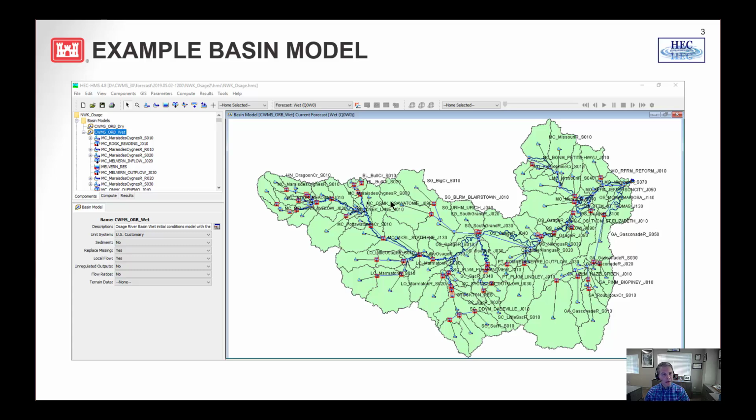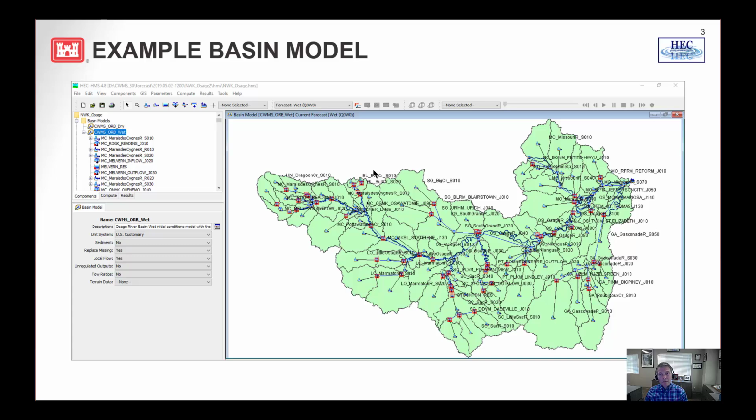One thing that I really like when I saw this HMS project is there are separate basin models for different conditions in the watershed. For example, in this project, there's a dry basin model and a wet basin model. And what that tells me is there are parameter values that have been somewhat calibrated to certain conditions in the watershed.